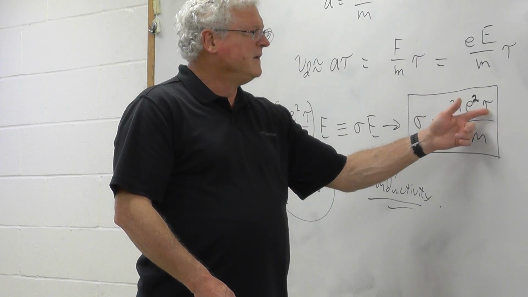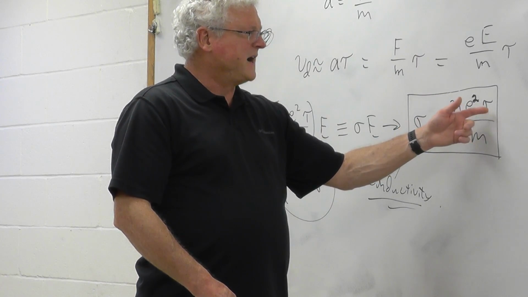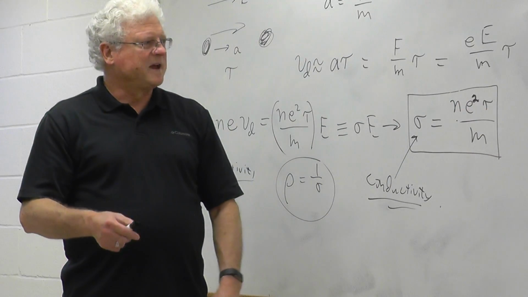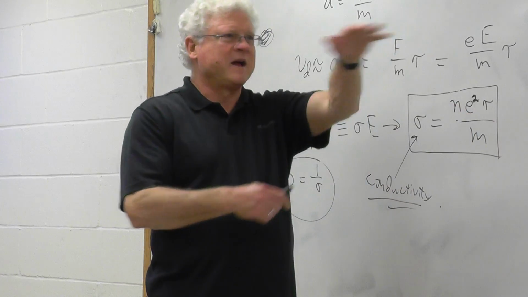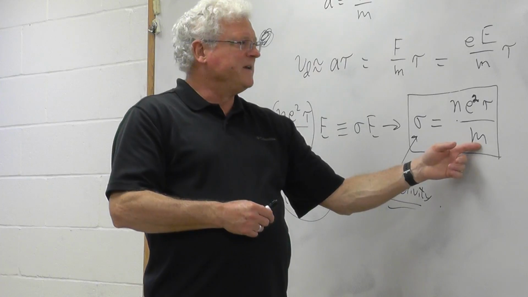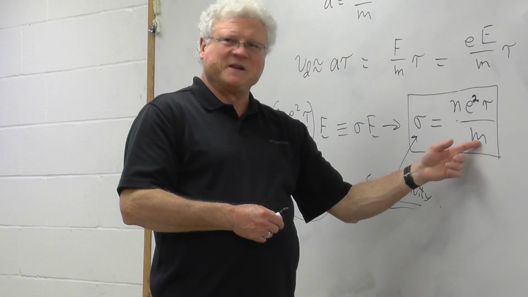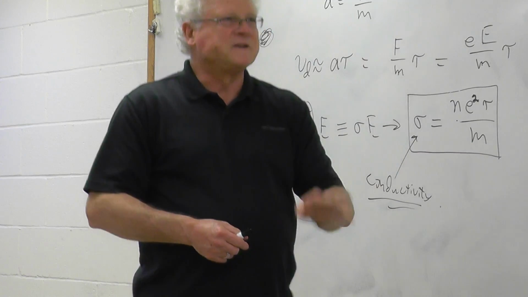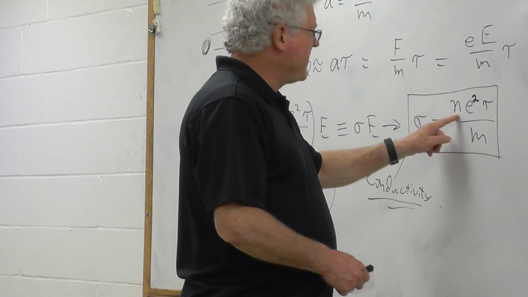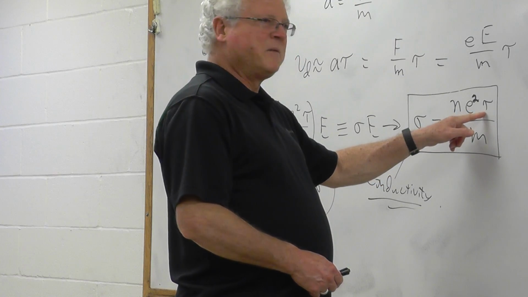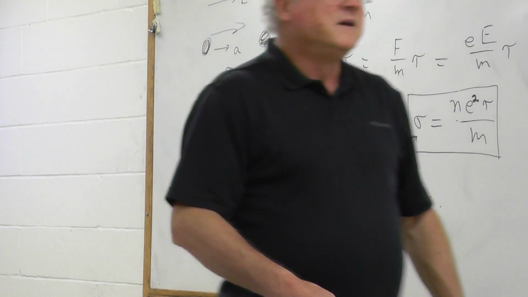For the scattering time, I don't remember numbers off the top of my head, but we could estimate backwards to guesstimate what that would be. And then in those materials, this would be close to the electron mass right here. And so at any rate, it's because they have a high carrier concentration of light mass, and then probably a good scattering time, that these materials have very, very high conductivity.